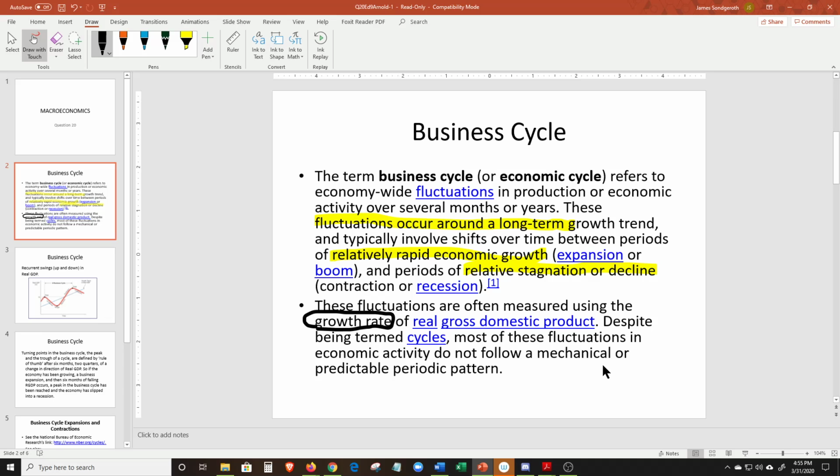So the main thing to take from this is that the fluctuations are in real GDP. Let me see if I can use my little pen, if I can find it. Not there, not there. Oh, here it is. Real GDP.